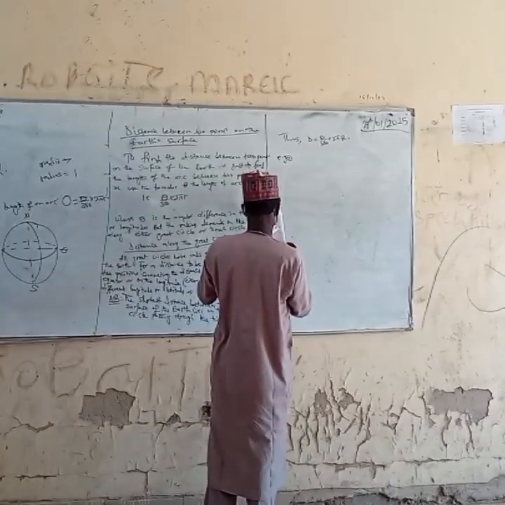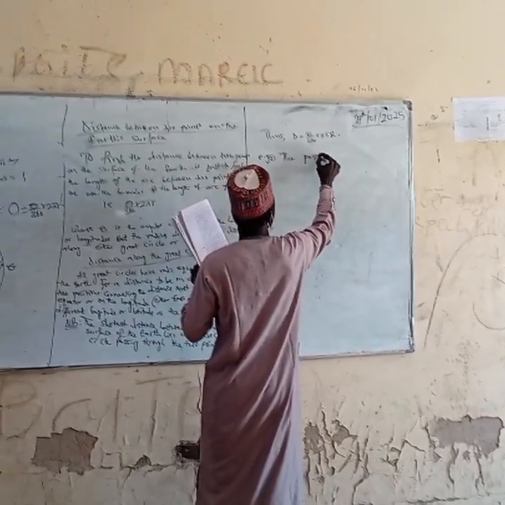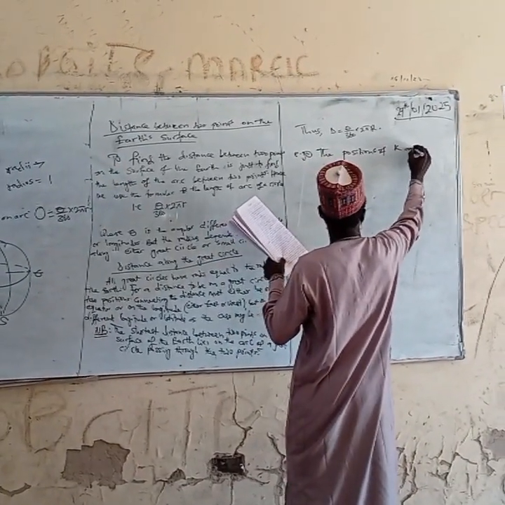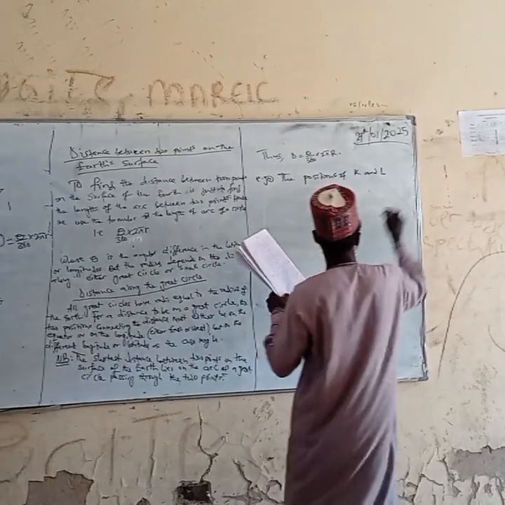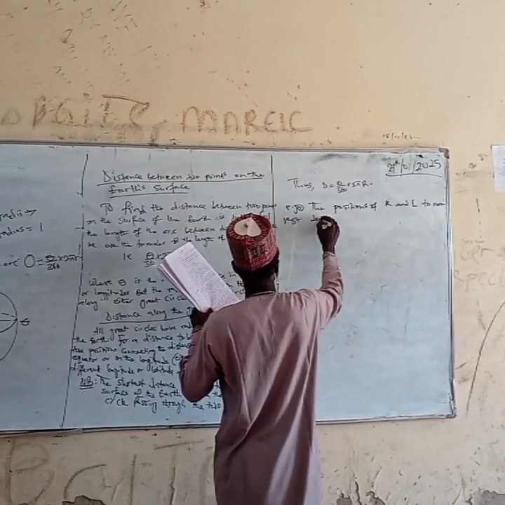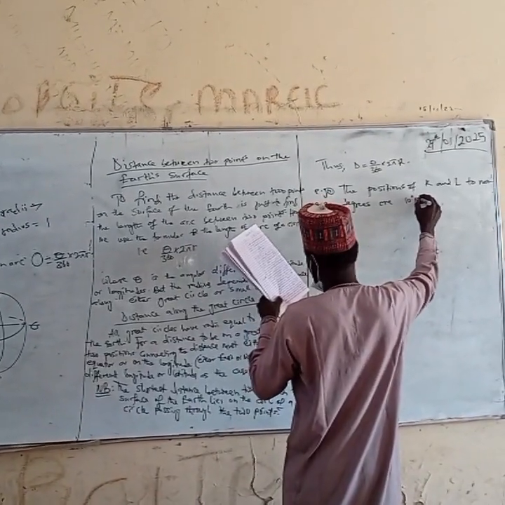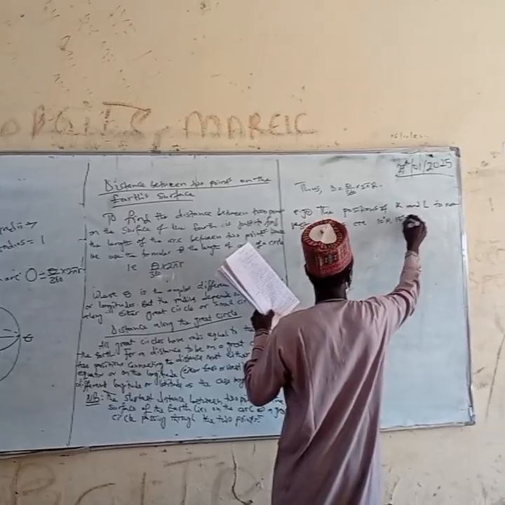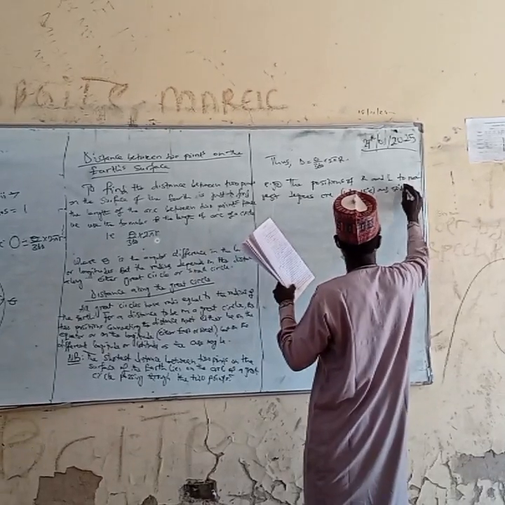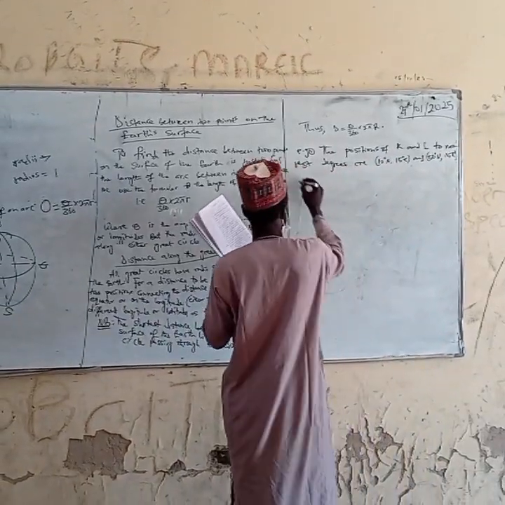Example 1 says, the positions of K and L, to the nearest degree, are 10 degrees north, 15 degrees east, and 50 degrees north and 15 degrees east, respectively.